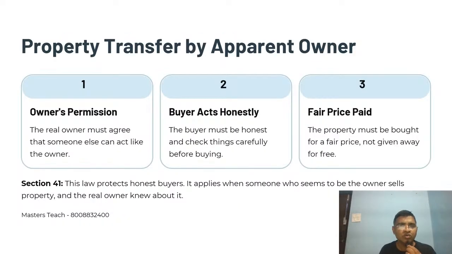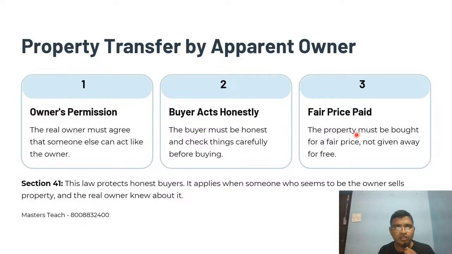Okay, so transfer of property by apparent owner. Owner's permission: the real owner must agree that someone else can act like the owner. Buyer acts honestly: the buyer must be honest and check the things carefully before buying.